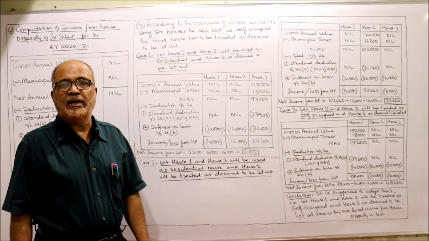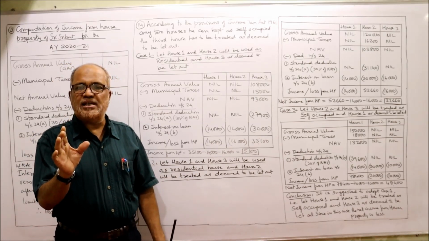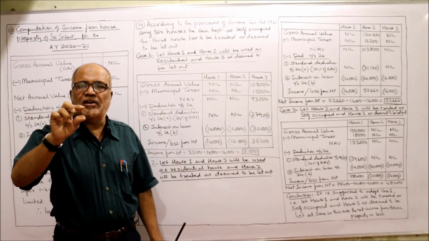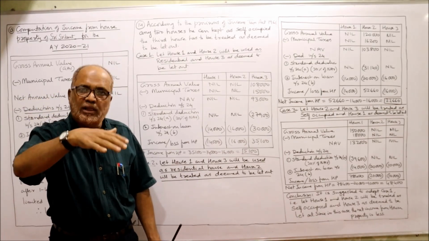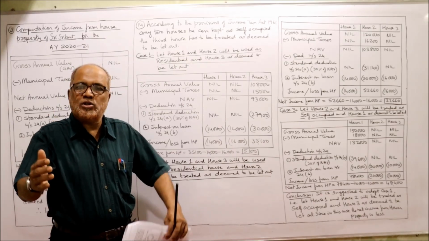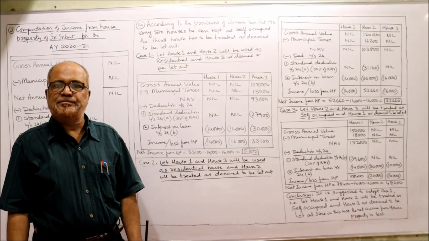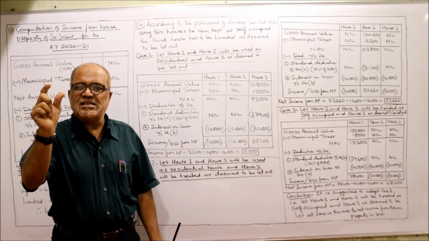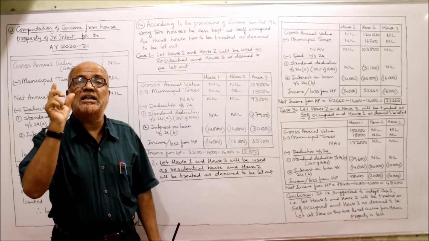So we can't give 20,000. Income tax provision says the maximum limit of interest on loan taken for repair is 30,000 for all the houses taken together. For both the houses taken together, because both the houses are self-occupied. For both the houses, self-occupied means the maximum limit of deduction is only 30,000.